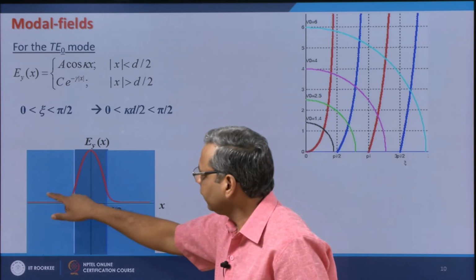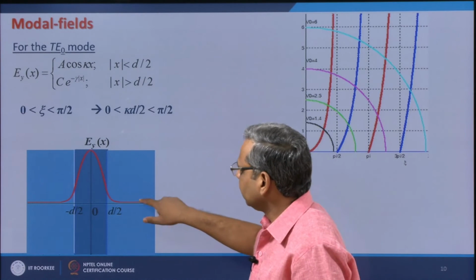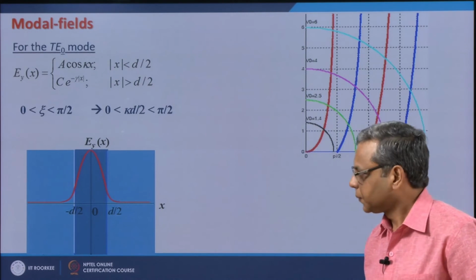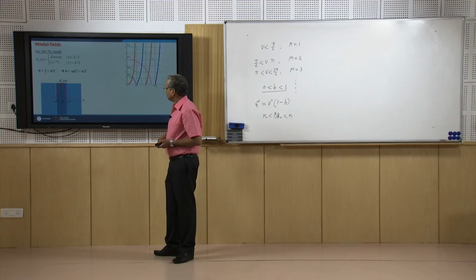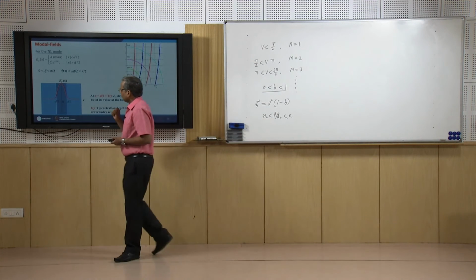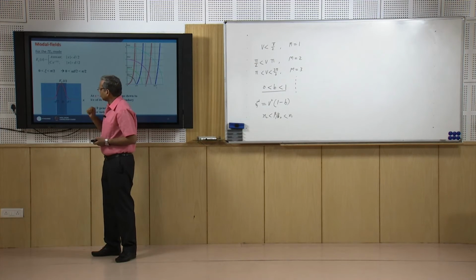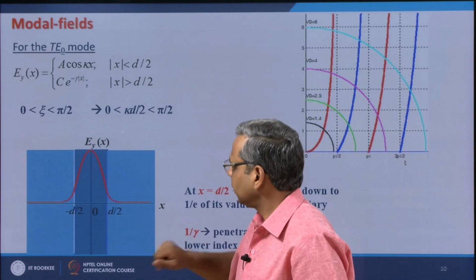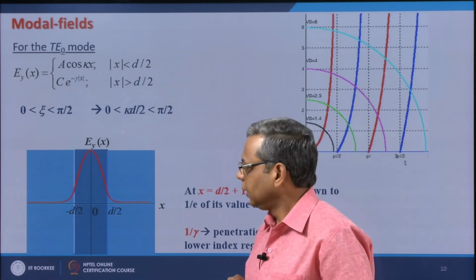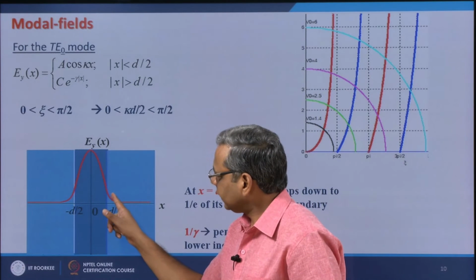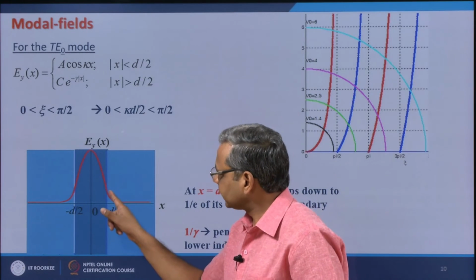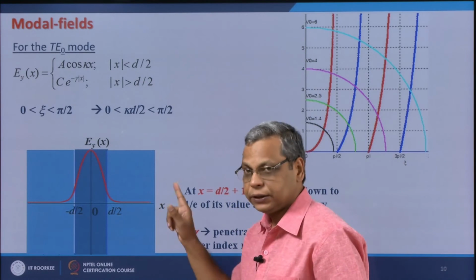So, I will have the modal field which would look like this. All right. What I see is that there is an oscillatory solution here and a decaying solution here. The field extends to the lower index region also.